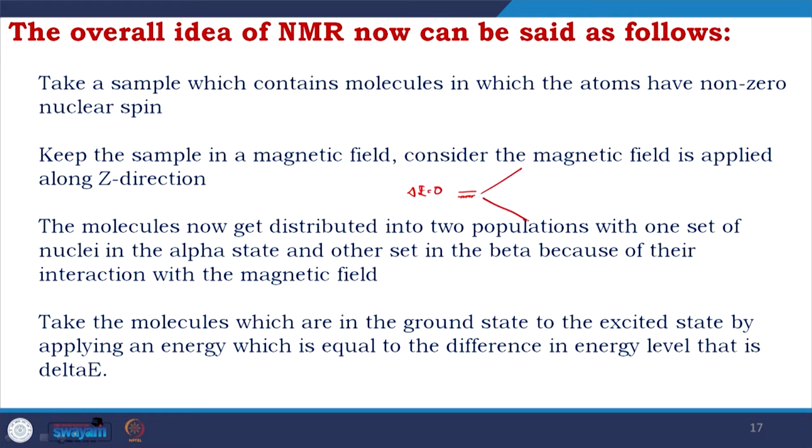Now, you apply the field, and they go to different places, called alpha and beta, and now you have to put in energy to match. That is more or less the basic principle of NMR.